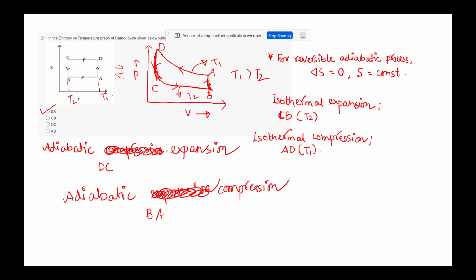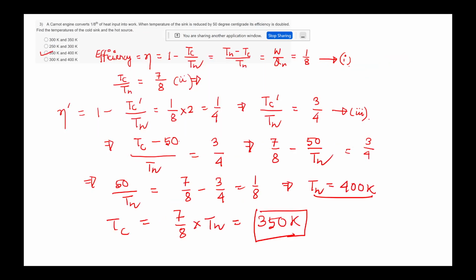Then we got to know from the TS curve how to find the PV curve for any cyclic process. Again, we found the temperature of the hot and cold reservoirs when the work and the heat extracted from the hot reservoir are not given, but their ratio is given.